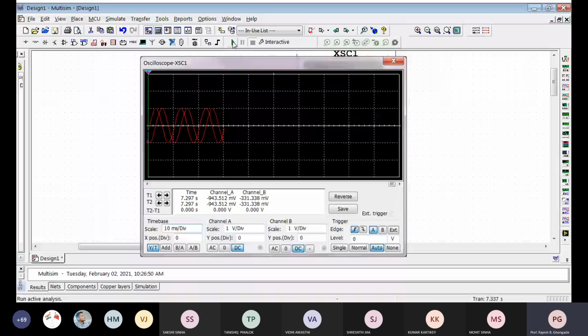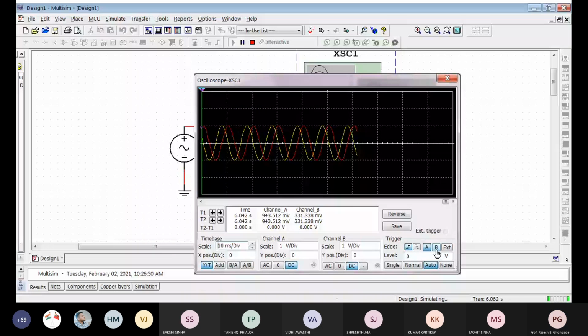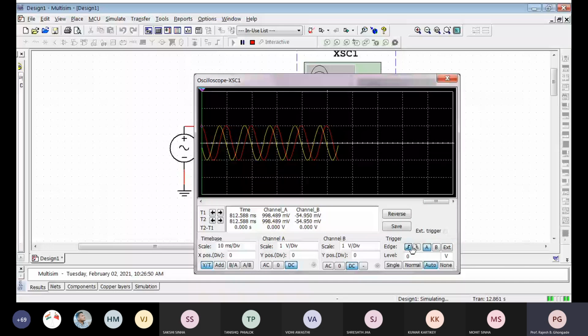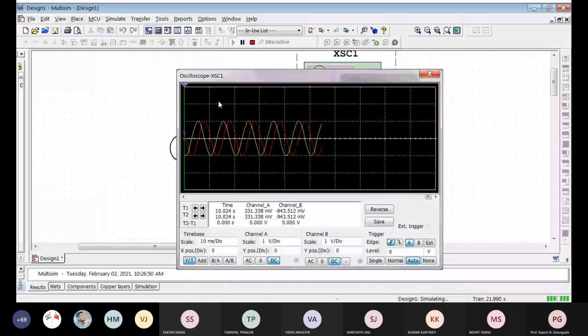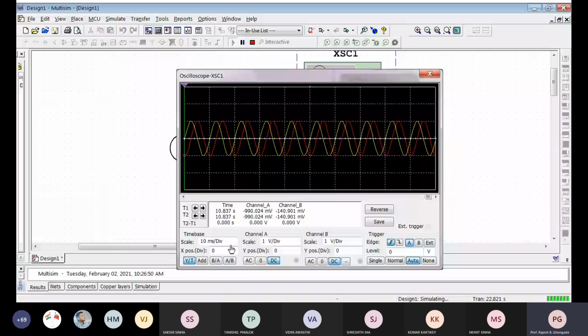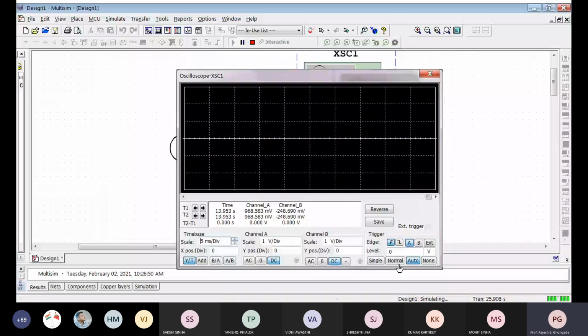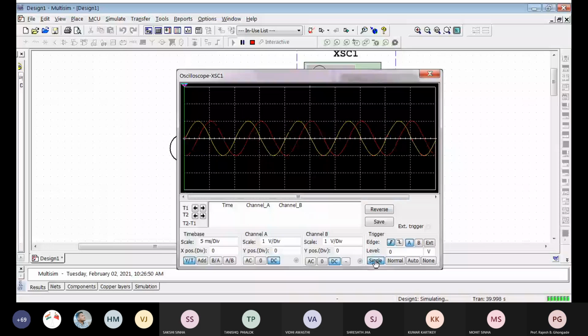I can trigger for channel A or channel B. Now if I want to find out the phase shift between 2 signals, what is the procedure?